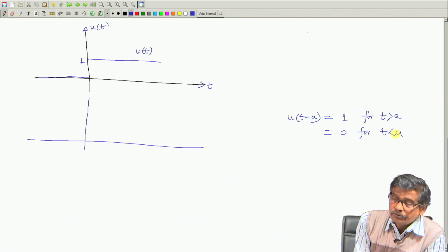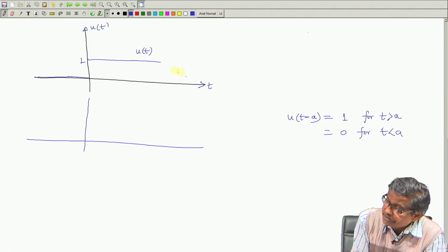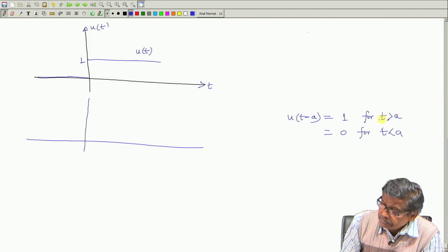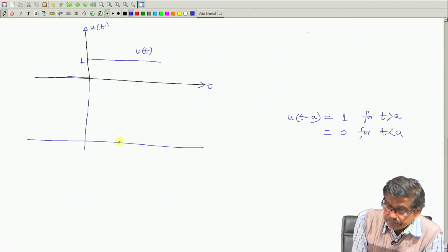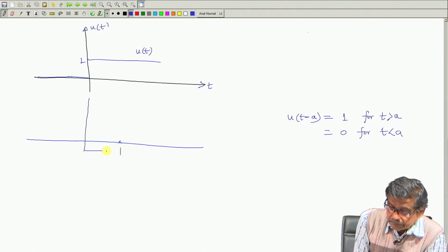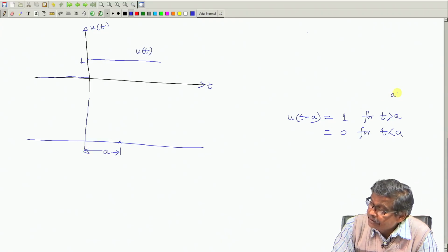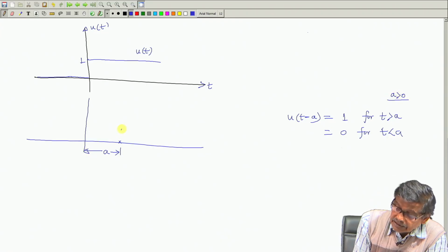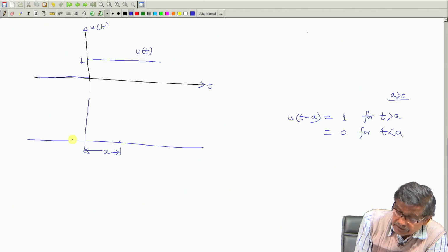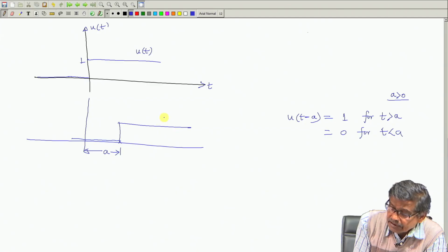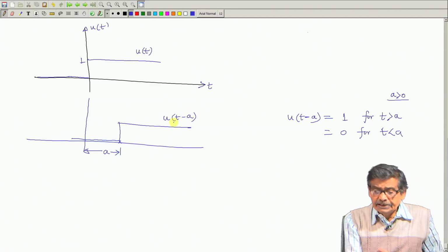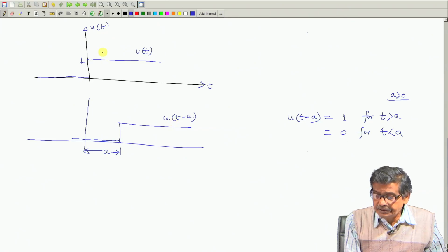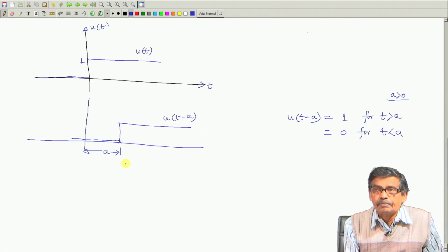This much I must know, that is your unit step function. If this is a, a positive number greater than 0, then your unit step function will look like this one, and I will write it as u(t minus a). That is, this unit step function gets shifted by an amount a.